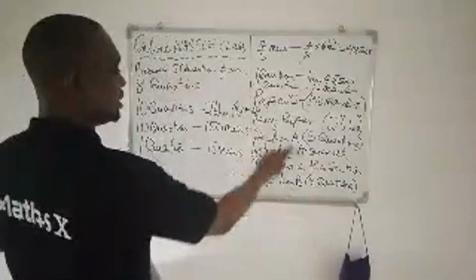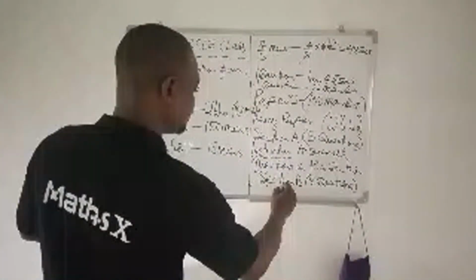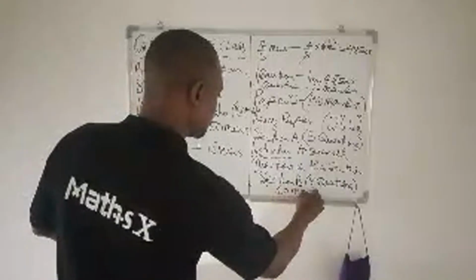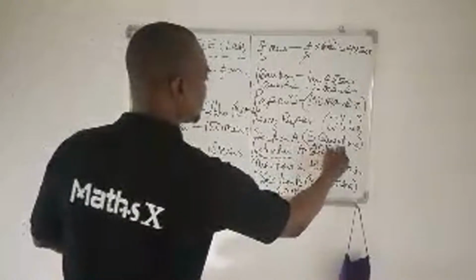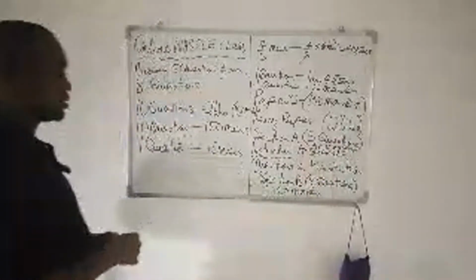Section B is 60 marks, and section A is 40 marks. So this is it.